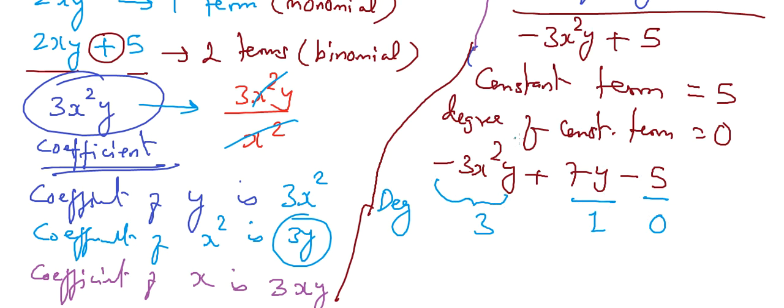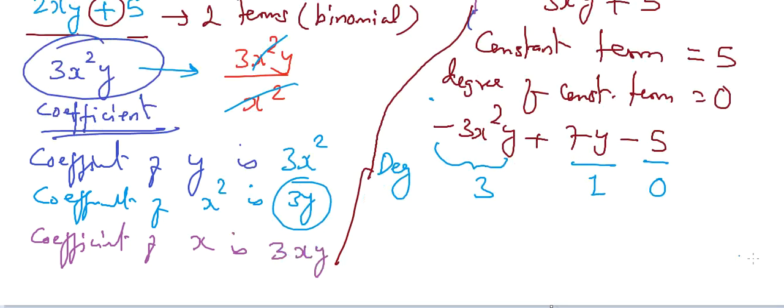Okay, what is the degree of this given polynomial, the entire polynomial? The degree of a given polynomial, doesn't matter how many terms it has, you find the degree of each term and pick up the highest one. So that's the degree of the polynomial. Here there are three terms, so the degrees are 3, 1 and 0. Which is the highest one? 3.